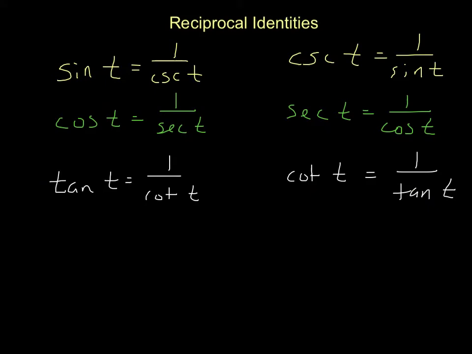You can see that the cosine and the secant are reciprocal functions, and then tangent and cotangent are also reciprocal functions. So these are what we call the reciprocal identities, and we've kind of hinted around at this when we were doing our trig functions using the x's and the y's.